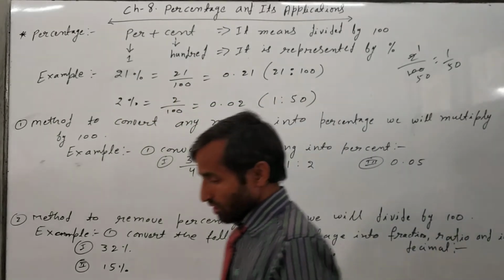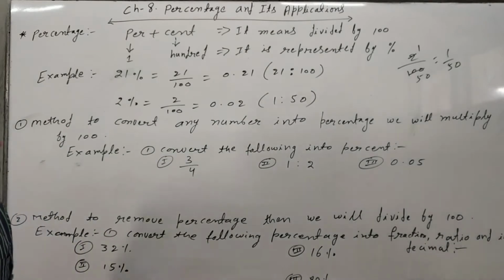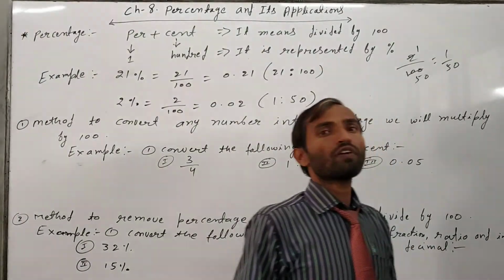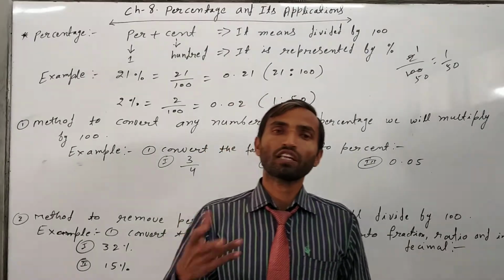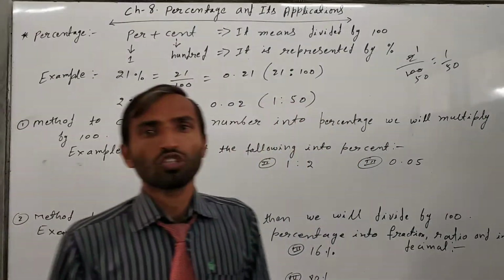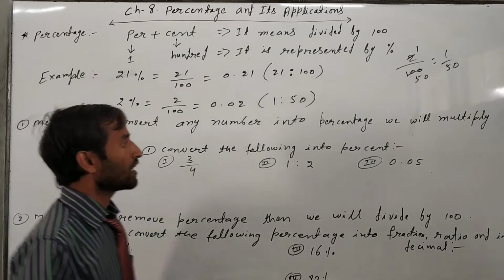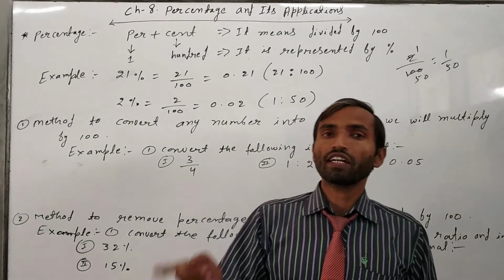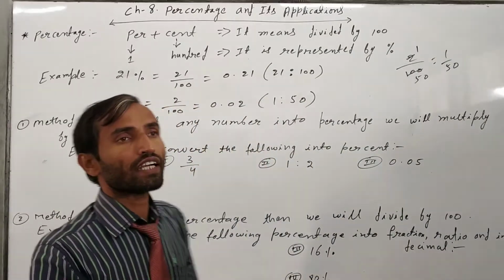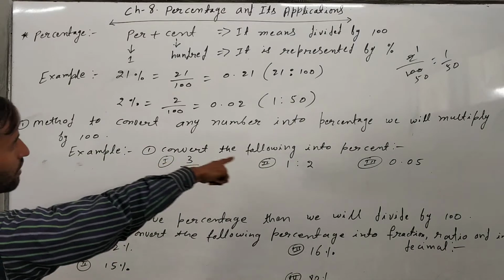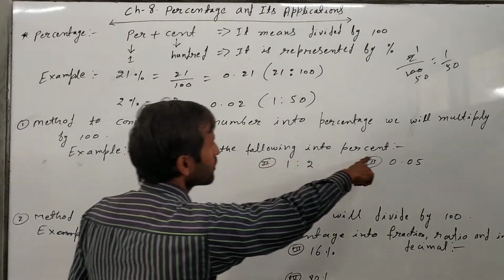So these are the meaning of percentage. Now we have to know the method to convert any number into percentage. The number may be a fraction, a decimal, or a ratio. Any fraction, rational number, integer or decimal, you can convert into percentage. For that we have to multiply by 100. See the example I have taken: convert the following into percentage.